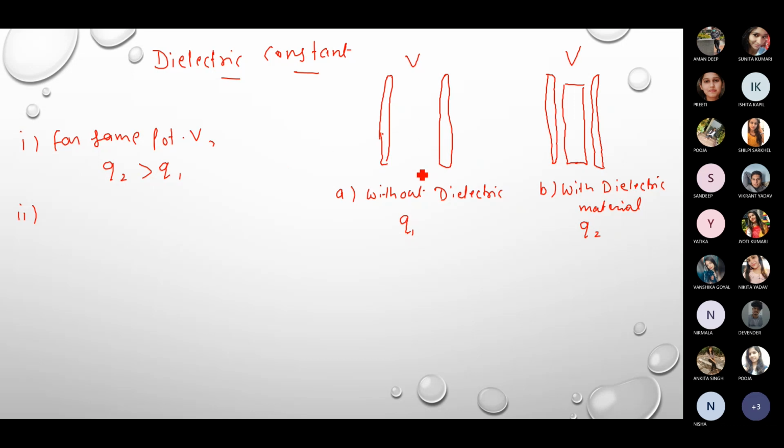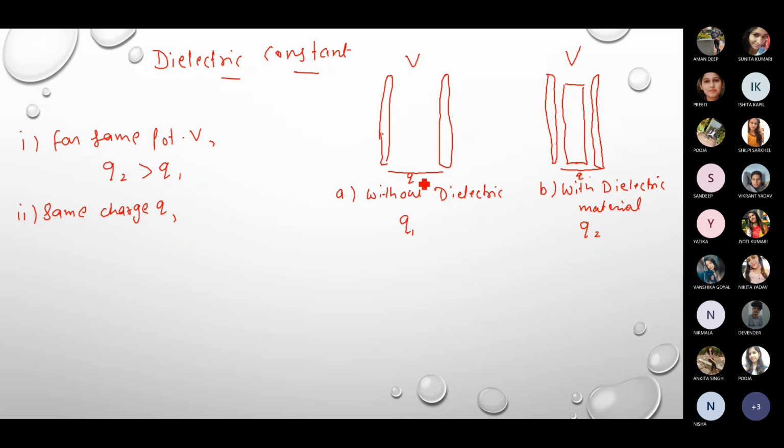Okay, means if you give same charge to both of these systems, let's say we are giving them charge Q. Okay, so if we are giving same charge Q to both of the systems without dielectric as well as with dielectric, then potential in the one where there is no dielectric will be higher than the potential with the system where there is a dielectric.